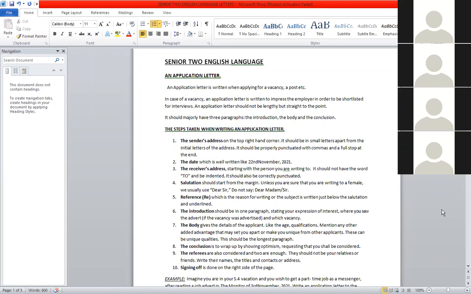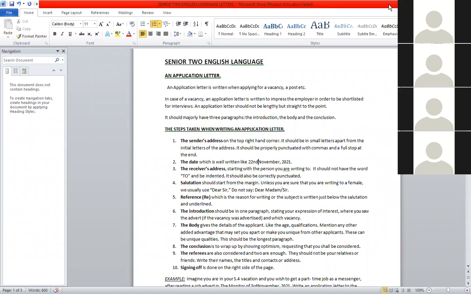Okay, so after that, we shall have the referees. And the referees are the people the employer will always consider just in case they need to know more about the applicant. We are normally told that referees are not supposed to be your relatives.